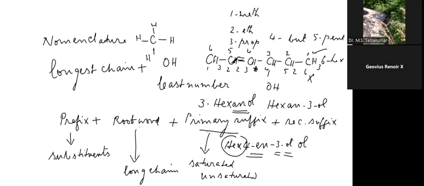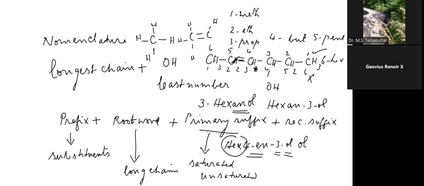Unsaturated means there is a double bond between 2 carbons, which means that the substituents are insufficient. This carbon can accommodate 1 more hydrogen, but it is not getting sufficient hydrogen. Therefore, it is having a double bond between 2 carbons. So this is called unsaturated hydrocarbon.